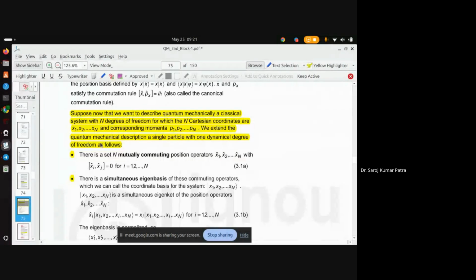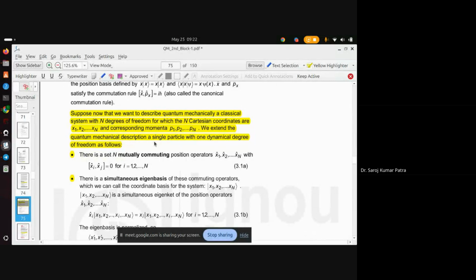So if a classical system has n degrees of freedom, it can be expressed by n Cartesian coordinates x1 to xn, and the corresponding momenta p1 to pn. We extend the quantum mechanical description of a single particle with one dynamical degree of freedom. This problem is like having n particles with 1 degree of freedom each, or one particle having n degrees of freedom.